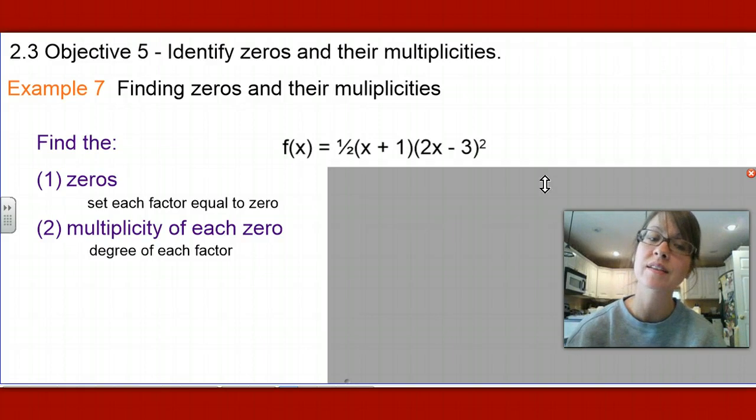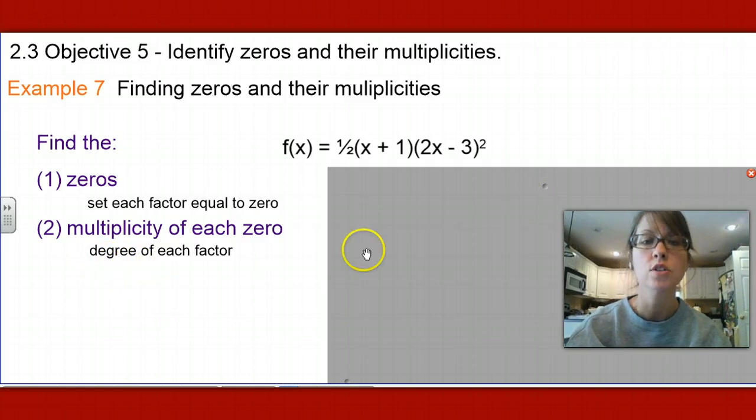The reason for that is they really want us to focus, and I really want you to focus, on the multiplicities of these zeros. As you can see, the multiplicity of each zero comes from the degree of each factor. So we have two x factors. We have the x plus 1 factor and the 2x minus 3 factor. And you can see that the 2x minus 3 factor is squared.